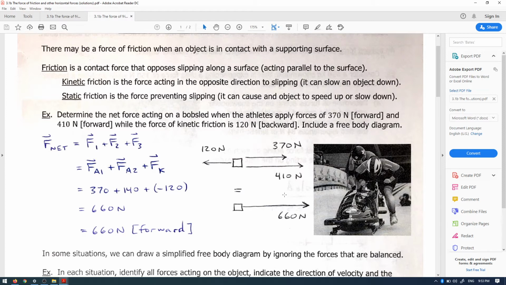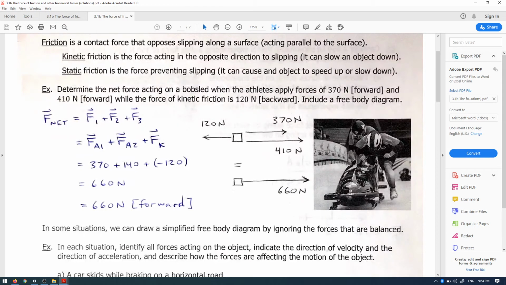This is how I would calculate the net force acting on an object that has horizontal forces. I could have done the same thing with vertical forces, and that was the subject of 3.1a, which won't be discussed here, at least not in great detail.